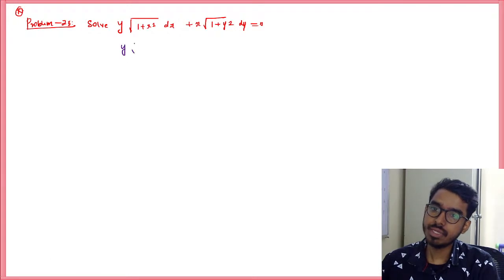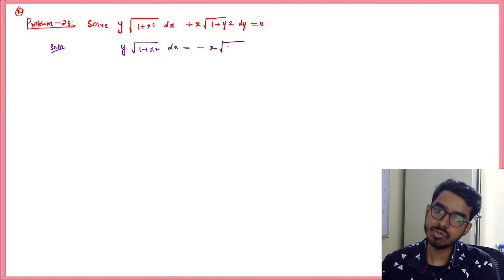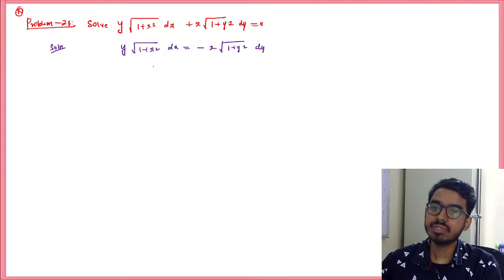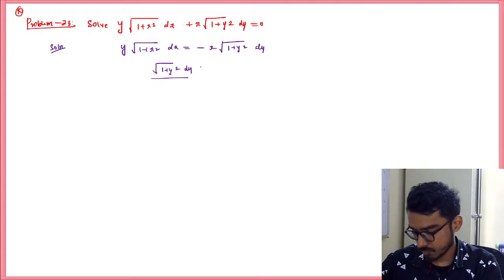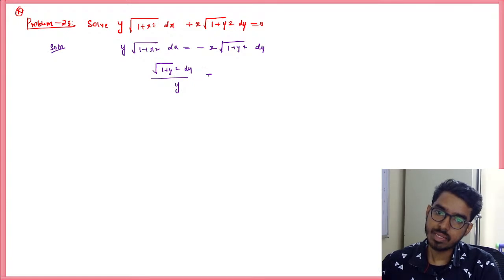So we have y into root of 1 plus x square dx is equal to minus x into root of 1 plus y square dy. Let's try to separate the variables. So we have root of 1 plus y square dy divided by y, and here we have minus root of 1 plus x square dx divided by x.